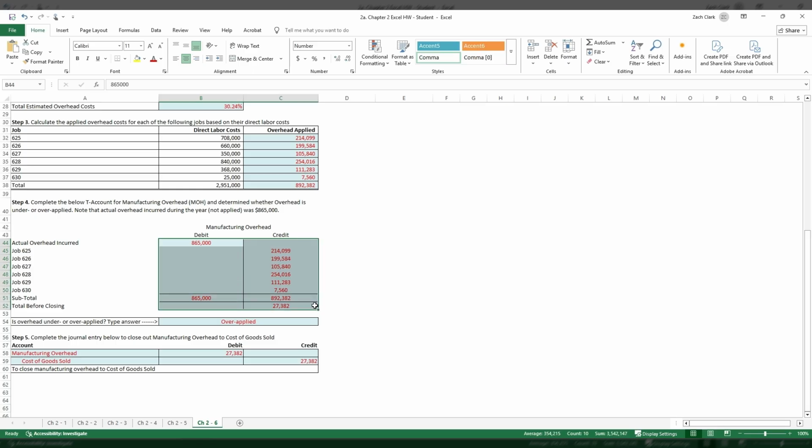We're just reflecting that in the accounting records because, like we said before, we came in under budget. So our estimates are what cost of goods sold is originally based on, because we're using our estimated amounts that we allocate as job costs. Then we get to the end of the period or the end of the year and we say, okay, let's true this up to what our actual cost of goods sold was.